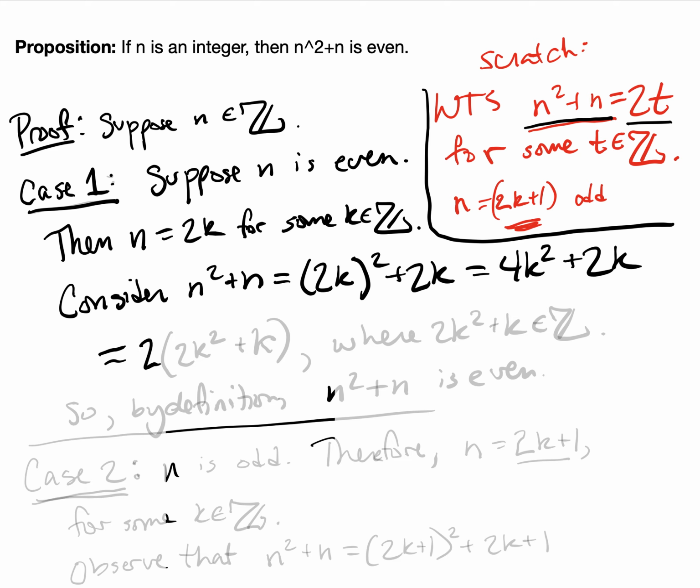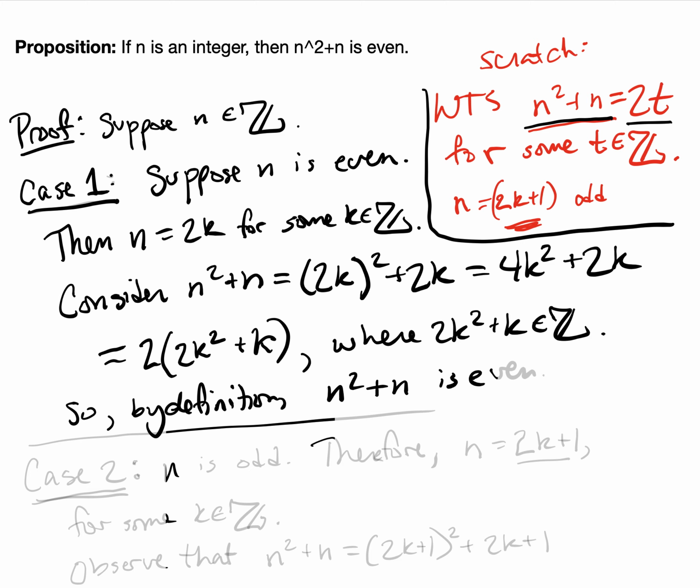This is equal to 2 times 2k squared plus k. And so, yes, this is equal to 2 times an integer, so 2k squared plus k, where 2k squared plus k is an integer. And so, by definition, n squared plus n is even.